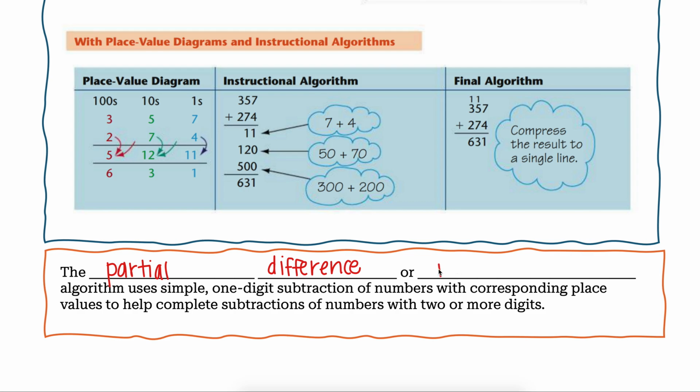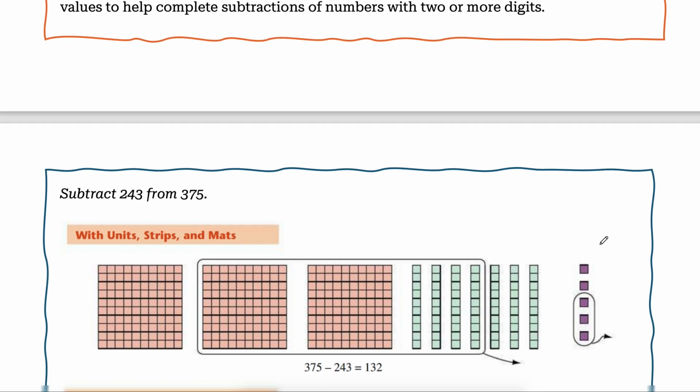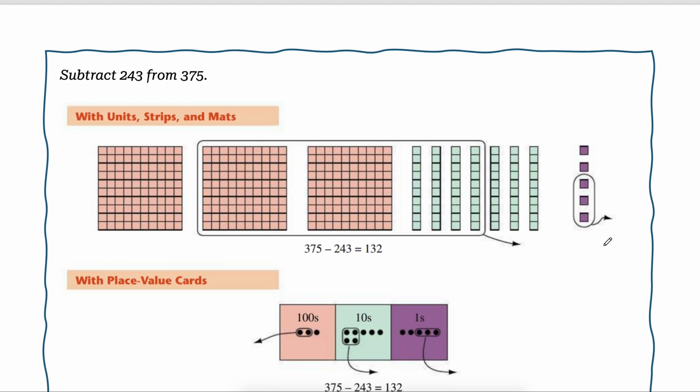We go one place value at a time. And you have more exchanging and regrouping that's going to happen with subtraction. So obviously this is going to be more complicated for children. But again, you can follow the same procedure as with adding.